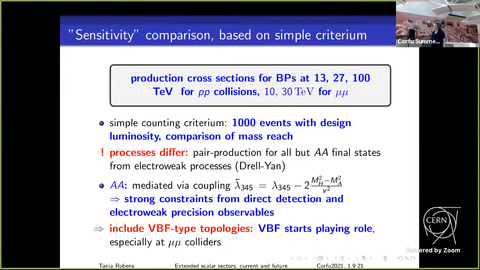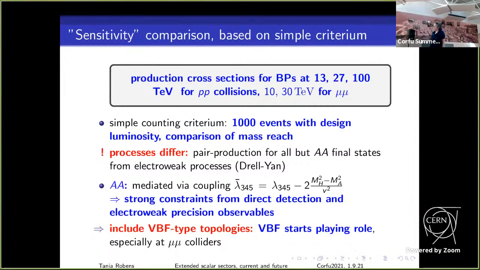The production processes are mainly determined by electroweak processes, so also electroweak couplings, and no new physics parameters enter apart from this AA. AA is the final state which is different because it's mediated via this coupling. So now things get a bit more complicated.